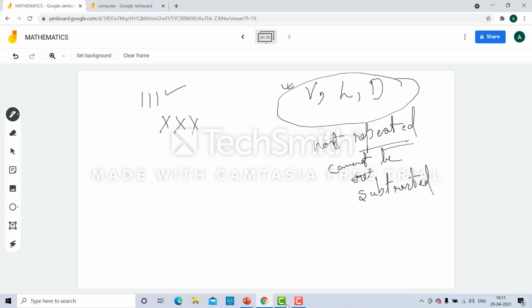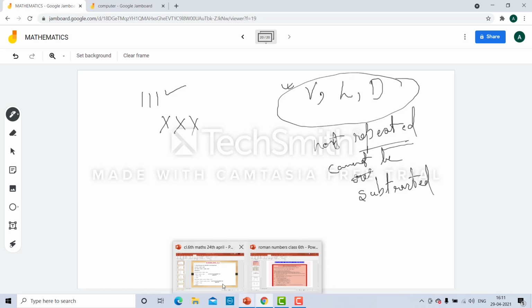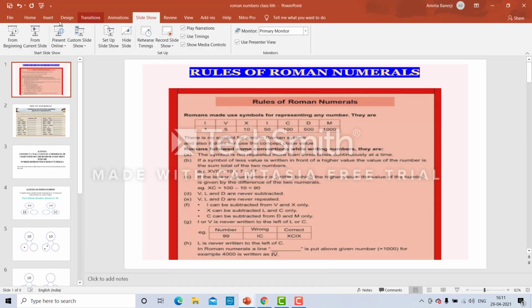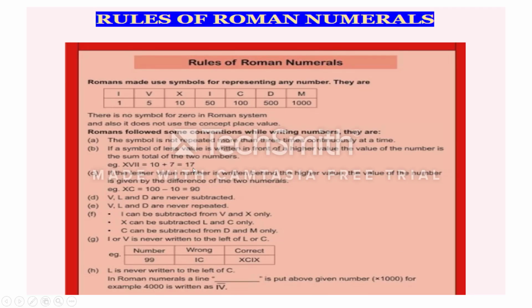Okay, now we will see the next point. I can only get subtracted from V and X. That means I can get subtracted from 5 and 10 only, and X can get subtracted from L and C, that is 50 and 100 only.